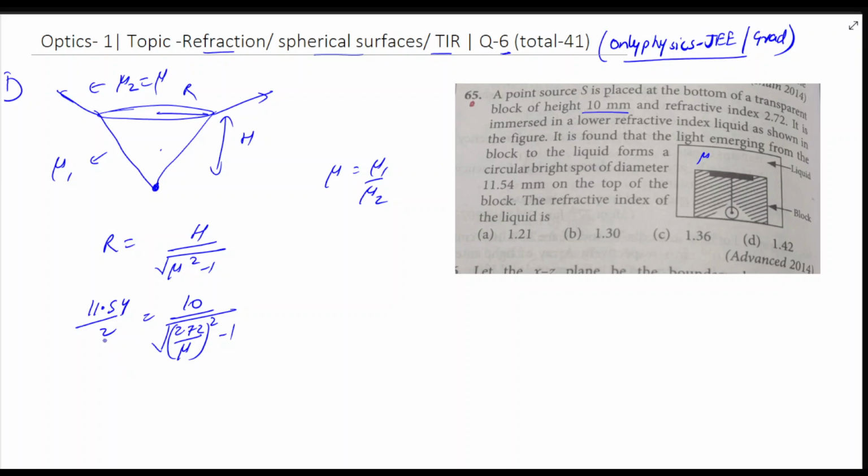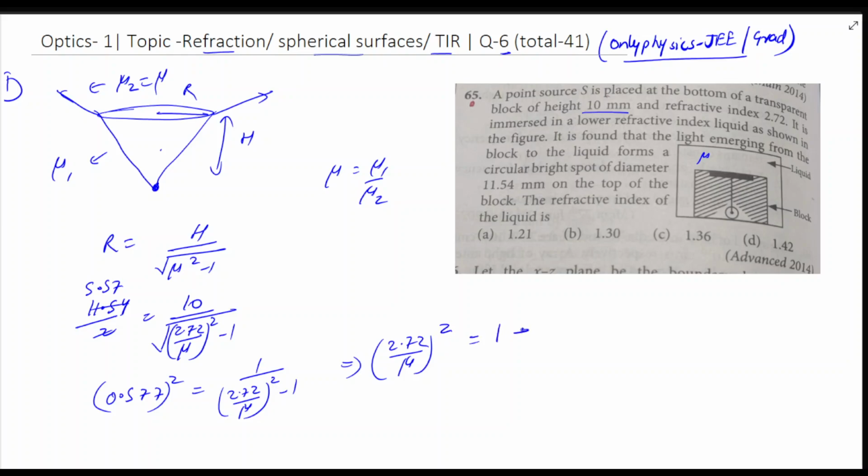So this will be 0.577. Let's just square both sides. This will be 1 upon (2.72 by mu) whole square minus 1. If you solve this, you will get (2.72 by mu) whole square, and the minus 1 will become plus 1, so 1 upon 0.577 square.